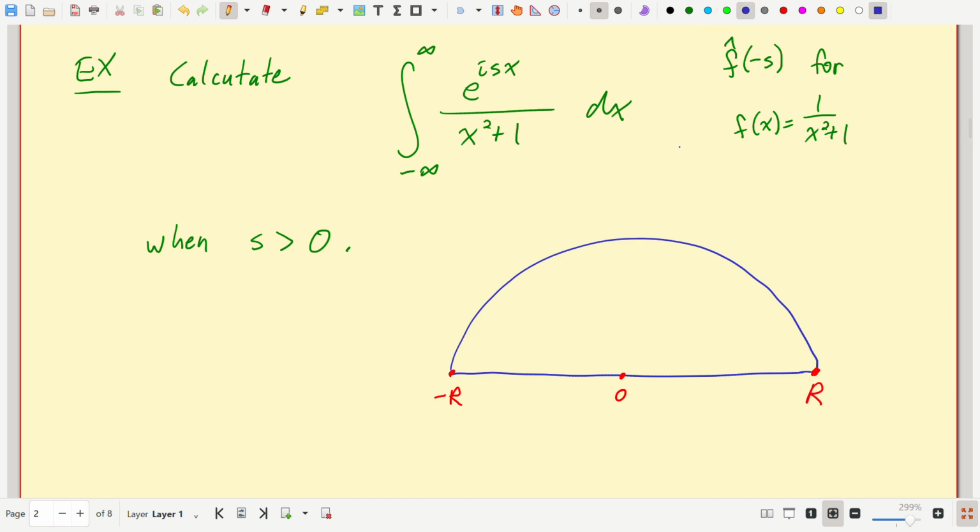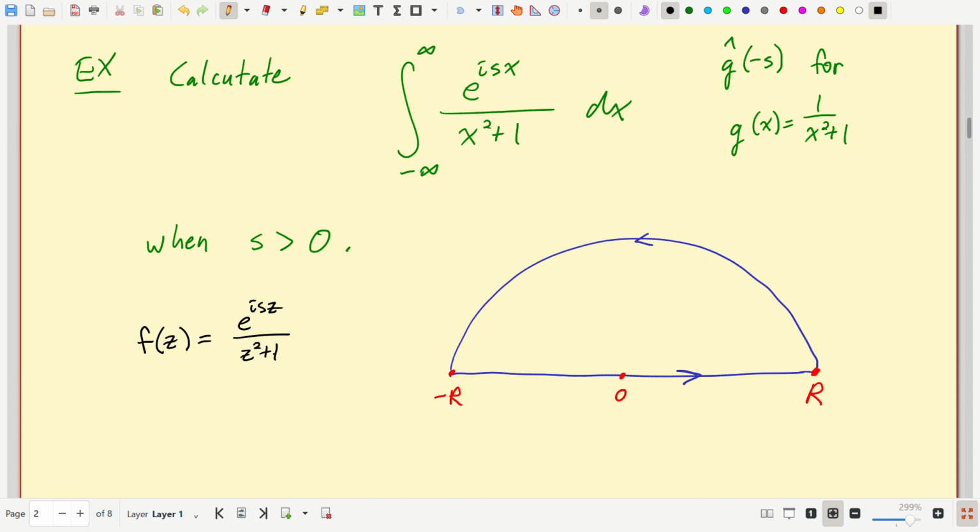And this is going to go around counterclockwise. And I'm going to take here a complex function, f of z. Maybe I should call this g over here since I'm going to have an f, g hat, where g is that. But my f here is going to be e to the i s z over z squared plus 1, pretty much the thing inside the integral.